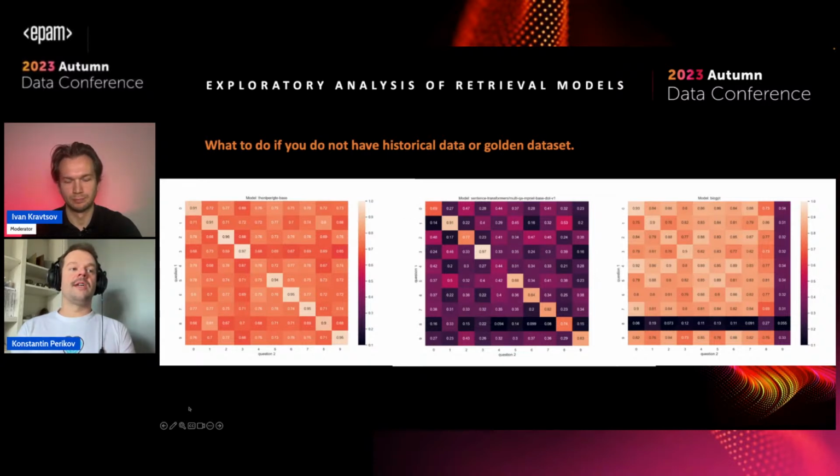So 0 here and 0 here are very similar, and according to this model it's quite a similar question. It says 0.91 in this case. The rest of it, since these are different questions, we're not entirely sure what you should expect, more orangish, or let's say darker. So it's about how similar those questions are.